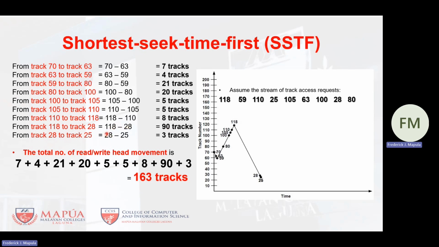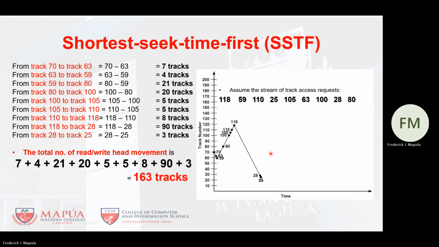And then 28 minus 25 is 3. It's the same as before in first come, first serve: we subtract from 70 to 63, then 63 minus 59, so we have 4, until we reach the farthest end. Okay? So the total read-write head movement would be 163 tracks. That's for the shortest seek time first.